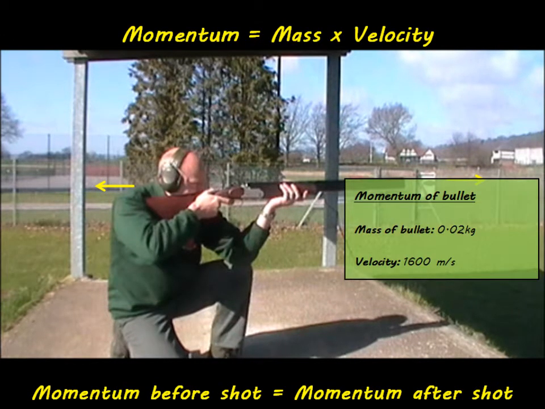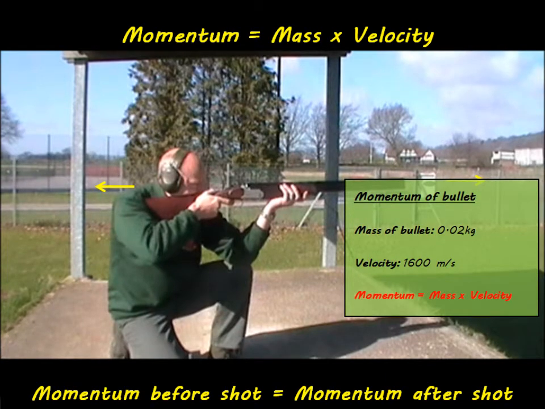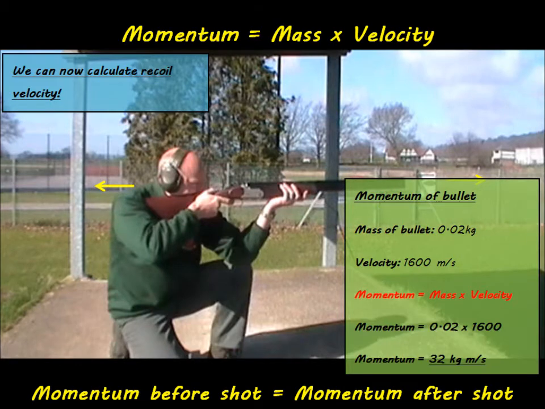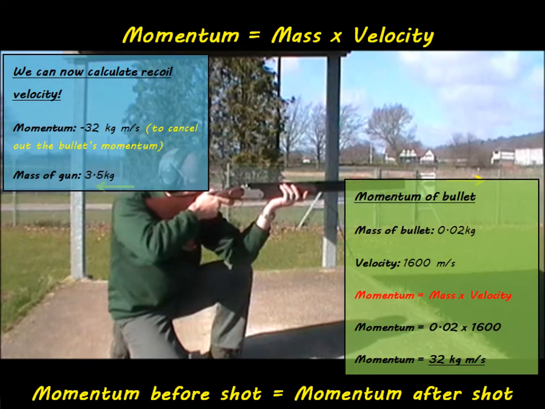So let's say our bullet has a mass of 0.02 kilograms and is fired at a velocity of 1,600 meters per second. The momentum is 32 kilogram meters per second. Now, because the momentum after the shot has to be 0 because of our conservation of momentum rule, we now need the gun to have a momentum of minus 32 kilogram meters per second to cancel out the momentum of the bullet.